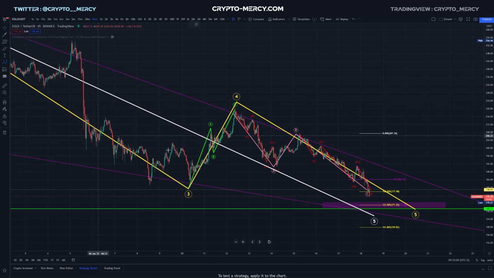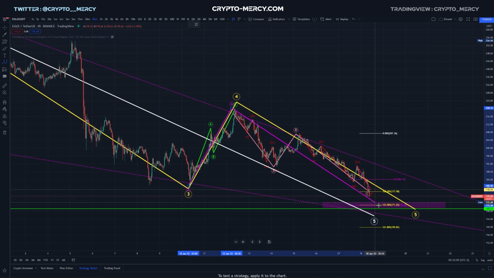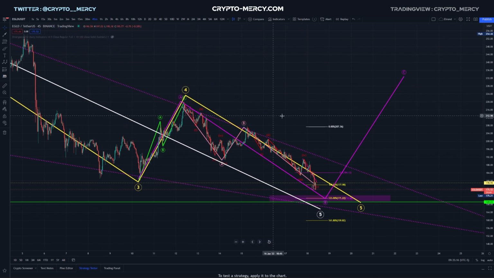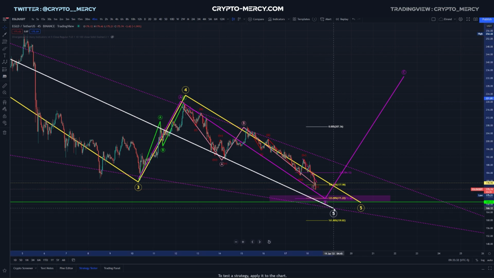You have your A wave completed, and now we would be inside a B wave and going back inside a C wave. This is another possibility, that this retracement would not be over, in that we are in some other pattern. But I'm subcounting here possibly that Elrond will end this retracement of this A wave around 169, 170.